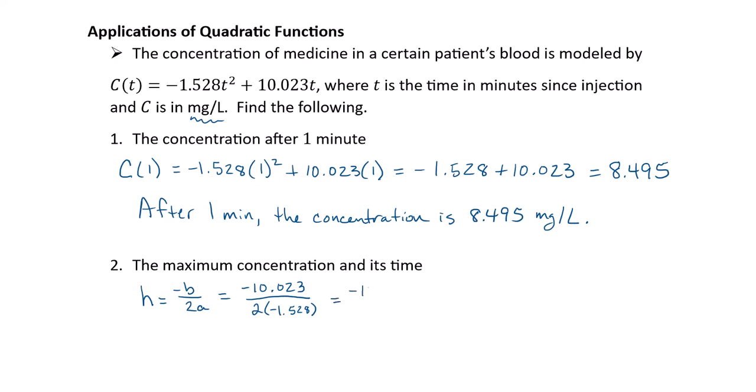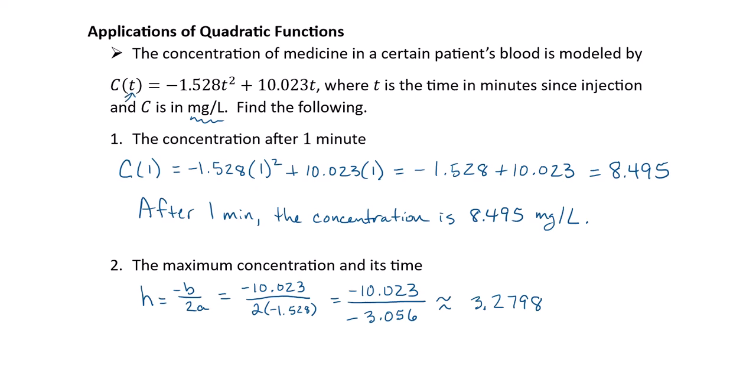So that would give me a negative 10.023 on top and a negative 3.056 on the bottom. When I perform that division, I'm going to get, we'll say, approximately 3.2798.